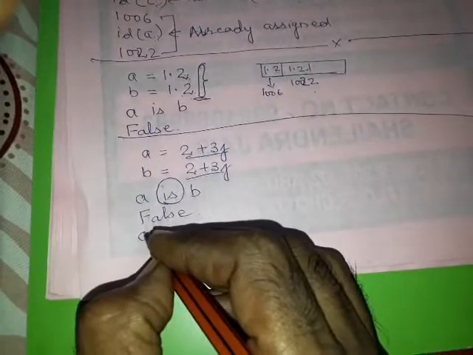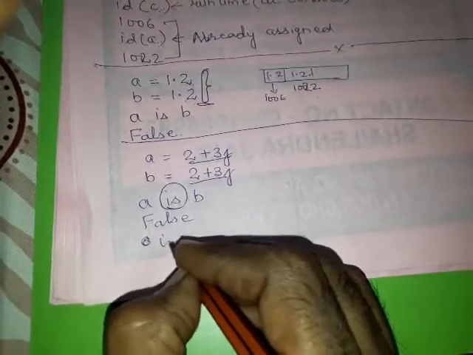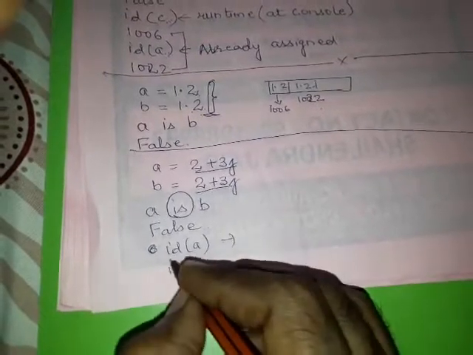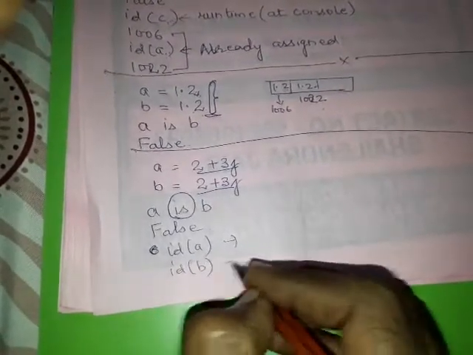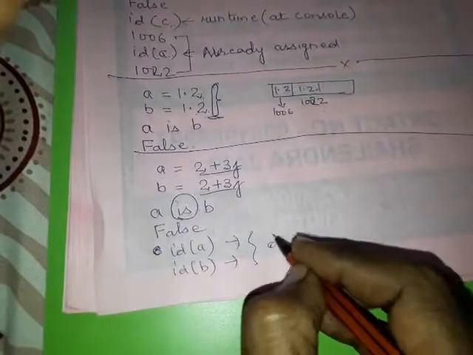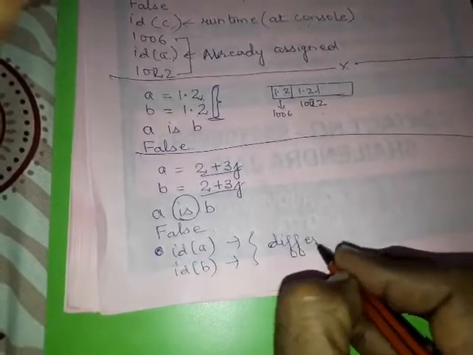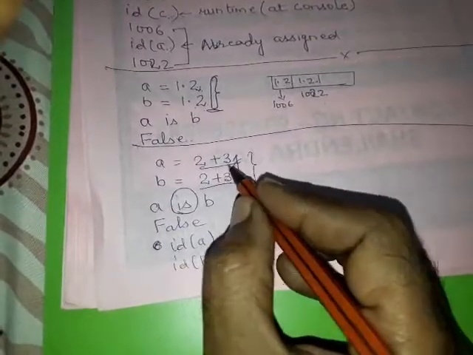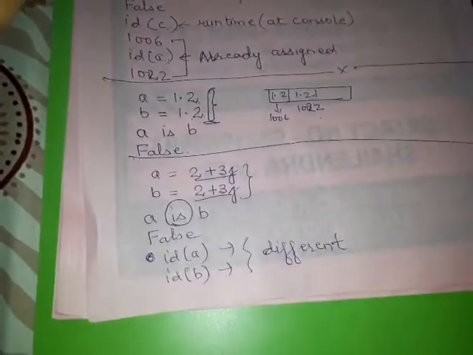When you check ID of A and ID of B, they both have different addresses. They are not the same. It means Python assigns different memory locations to both these values, even though they are the same values.